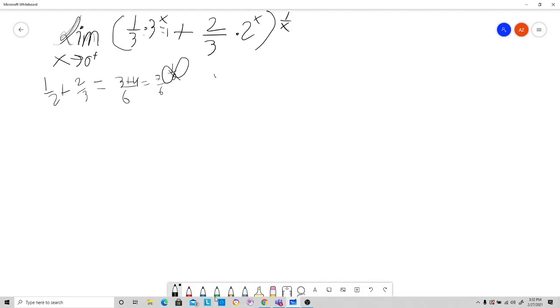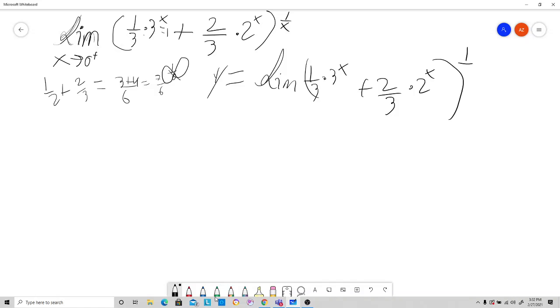So if we say that y equals the limit of 1/3 times 3^x plus 2/3 times 2^x, all to the 1 over x, and then if we take the natural logarithm of both sides, we say that the ln of y is equal to the limit as x approaches 0, and then this will be an ln.